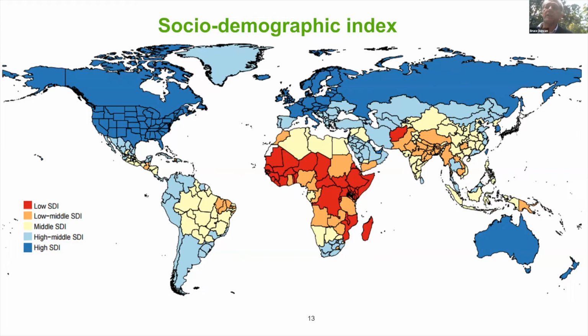And this is a slightly old map of these regions. You can see that North America is all high. Africa is mostly low, with some low middle and a little bit of middle and high middle. Brazil, for example, is almost uniformly middle, although some of the Northeast states are low middle. At least they were when this was published, which I believe is 2016.